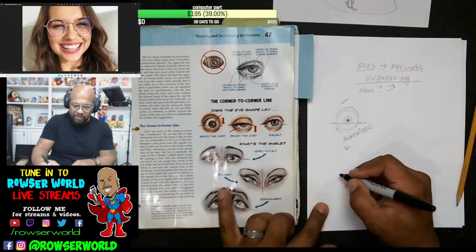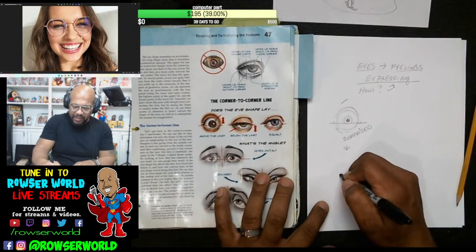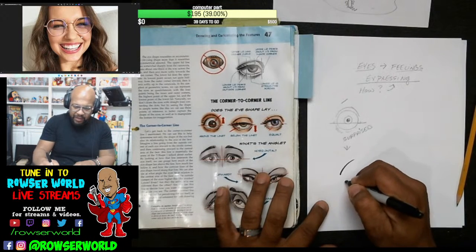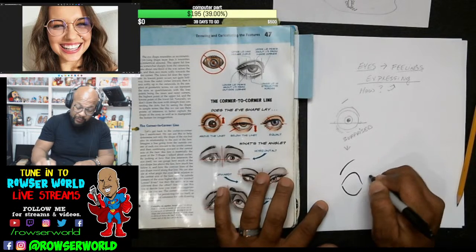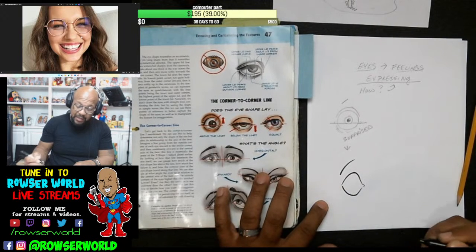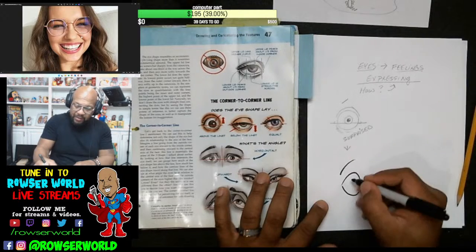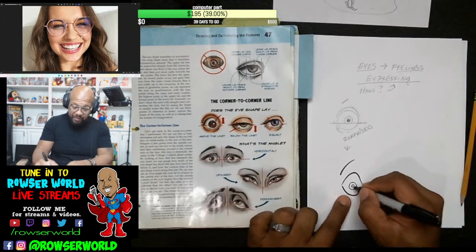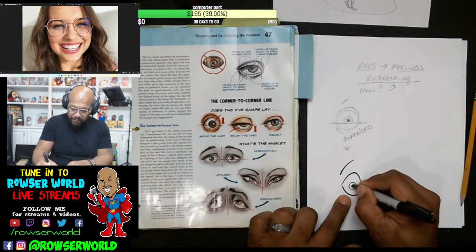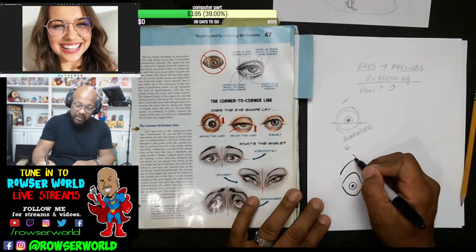Well, I would draw the eye like this, right? And I'm thinking, okay, I'm thinking like this, right? And then I'm thinking, okay, this is about where the eyeball would be in that shape. You see what I mean?